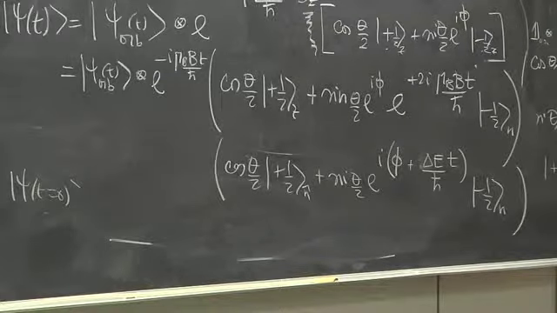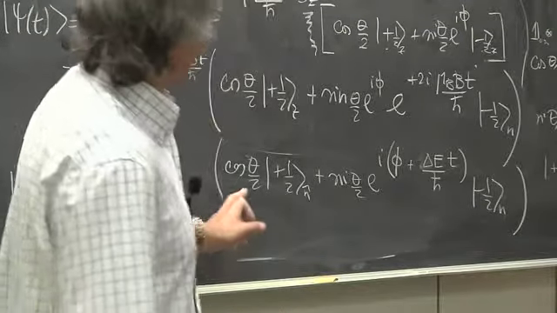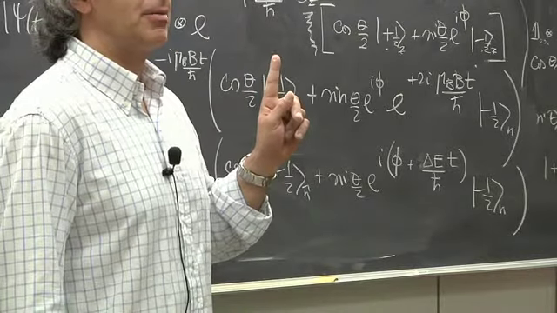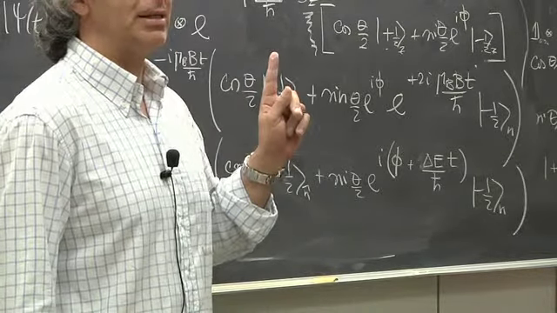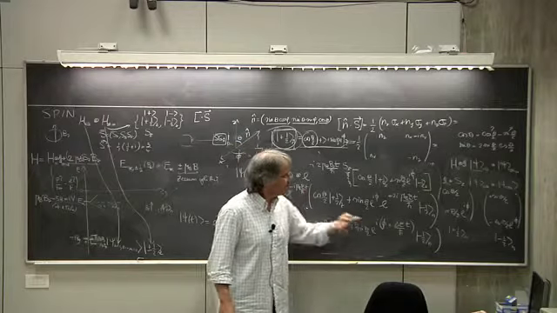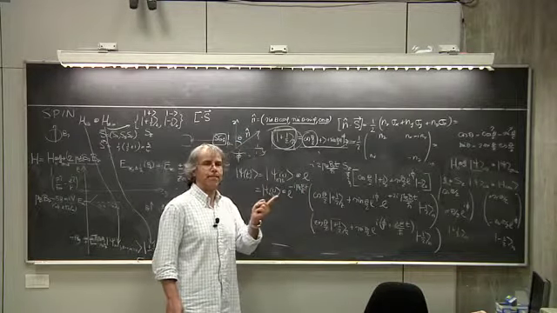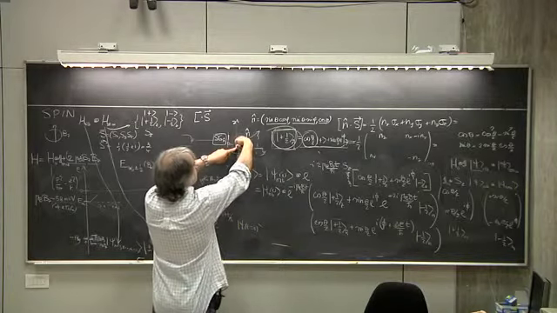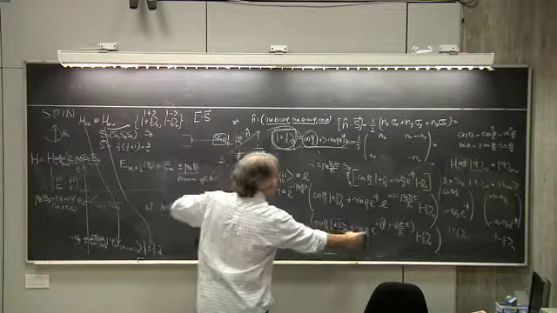So if you were to tell me where the spin is pointing now, probably the answer comes automatically. It's as if phi is increasing with time. Notice phi is this angle. Theta is fixed. Theta is there, fixed.